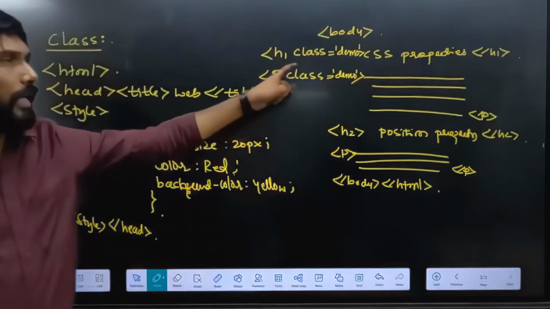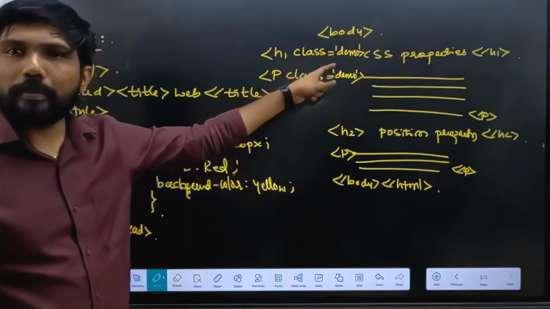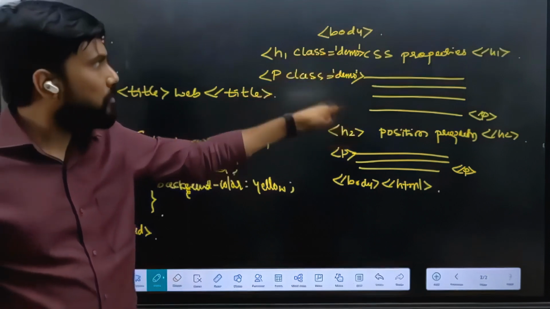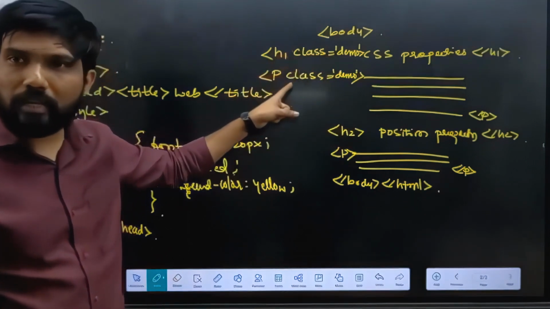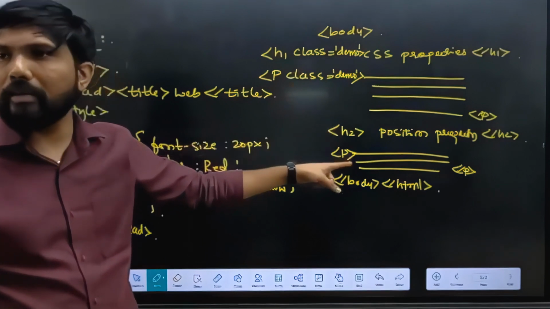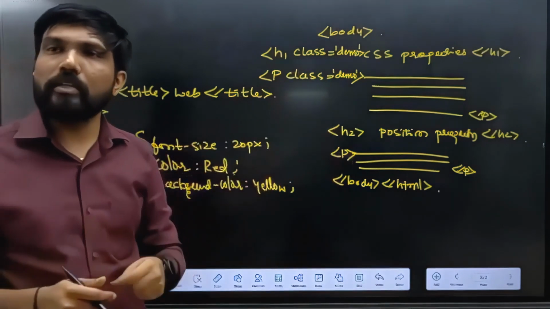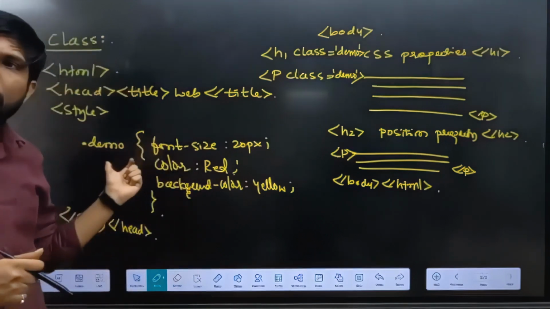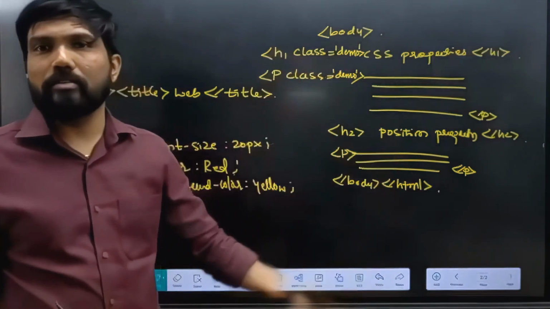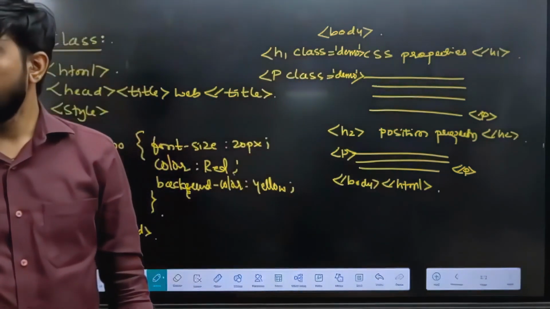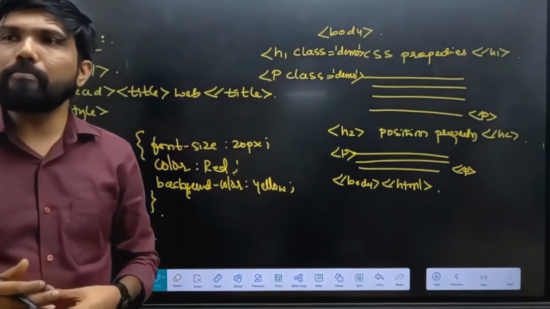Can you just observe here, irrespective of the element's name, this H1 is the element here, P is the element here, H2 is the element here, P is the element here. So irrespective of the elements, I'm applying this class for all those elements. Did you understand? So this is the importance of class.